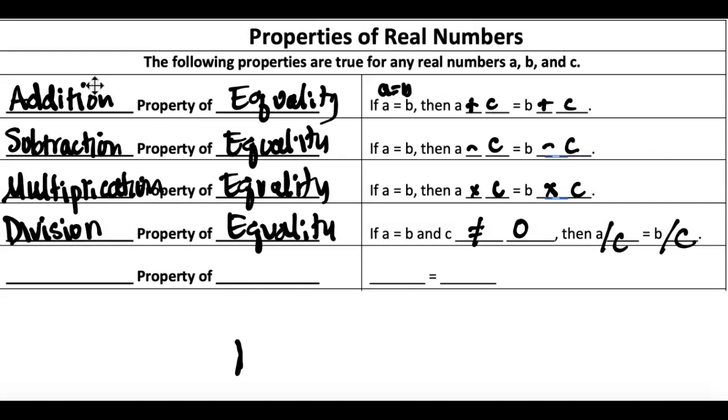Alright, now we're getting into some that will probably be more unfamiliar to you. The first one is called the reflexive property of equality.